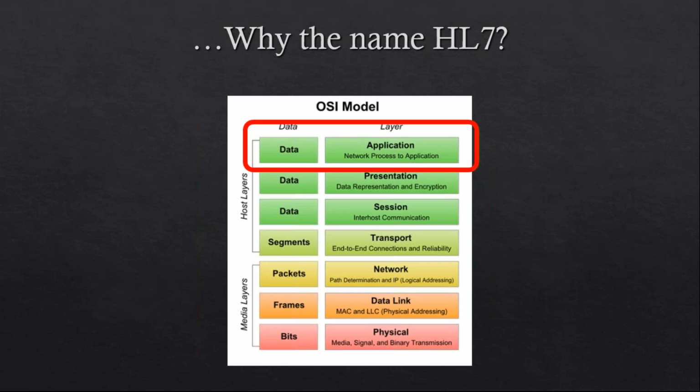We'll convert that data into HL7 within that application and send it over to the destination. As this functionality mainly operates in the application layer, which is the 7th layer, we gave it the name HL7, which is Health Level 7. That is the main reason. There is no other reason apart from that: as the operation of this messaging standard happens at the 7th layer of the OSI model, we call it HL7.